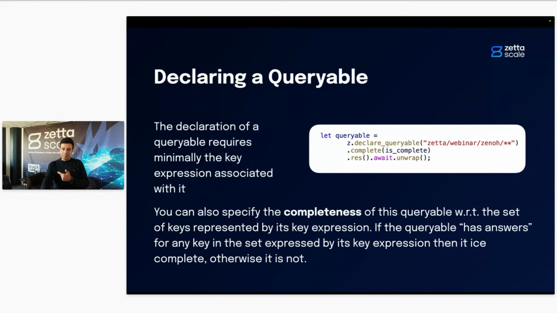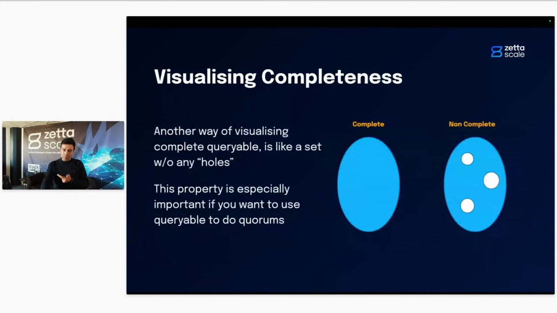Okay? And one way of visualizing completeness, if you think about sets once again, a complete set is a set that is compact. Okay, it doesn't have any holes. A non-complete set, think of it like Swiss cheese or Emmental cheese. It has some holes inside, and usually, right, storages happen to be complete.